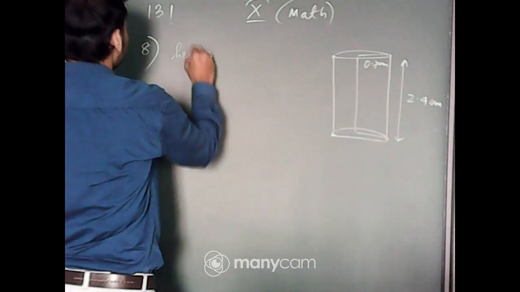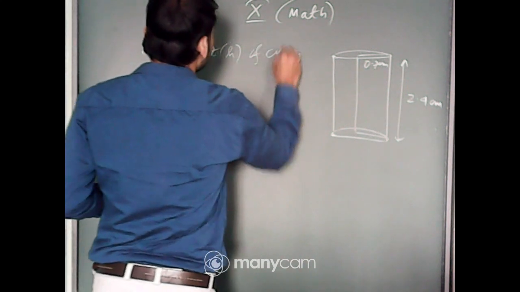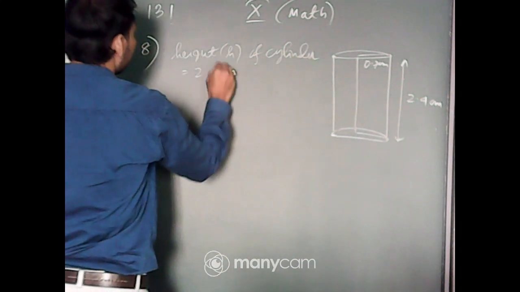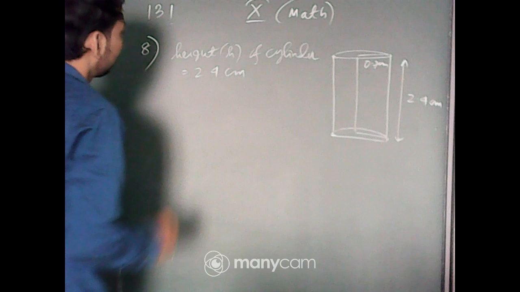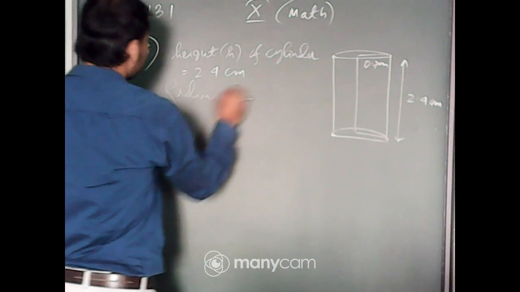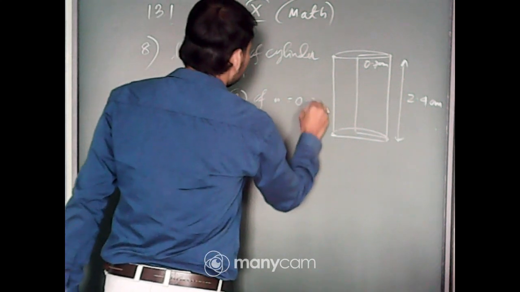Height of cylinder is 2.4 centimeter, radius of cylinder is 0.7 centimeter.